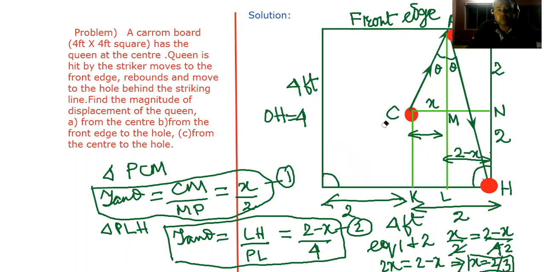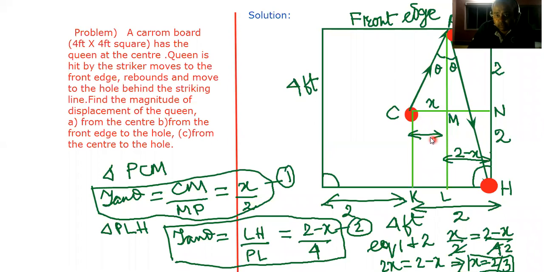Okay, so now let us move on to the last part of the question, that is, what is the displacement of the coin from the center to the hole. According to the question, they have just asked us to find this part, that is, displacement from the center to the hole.